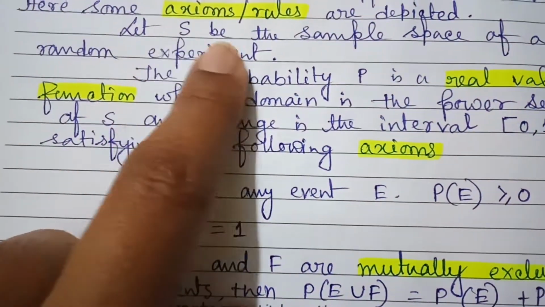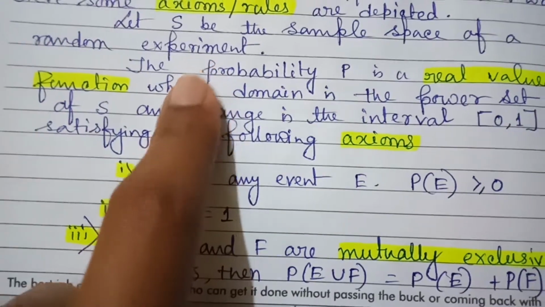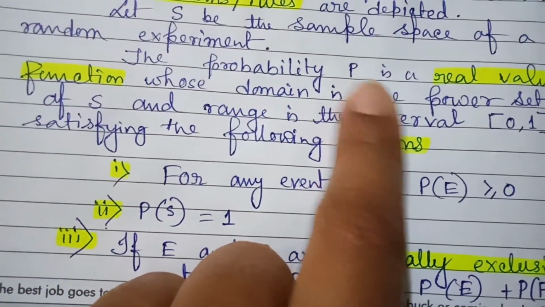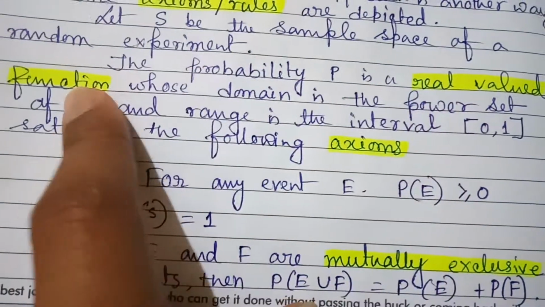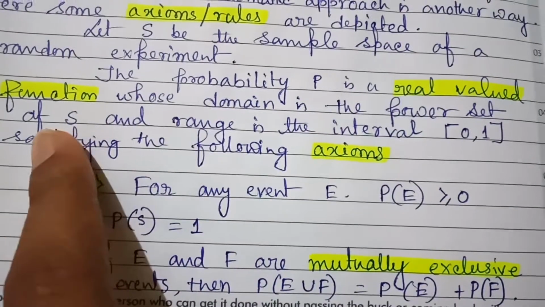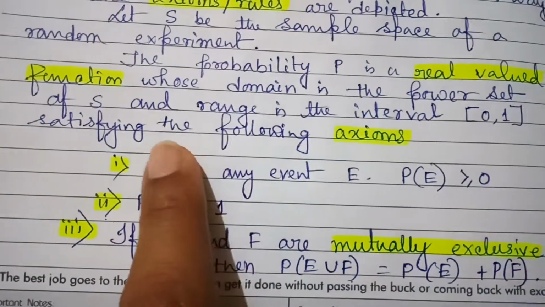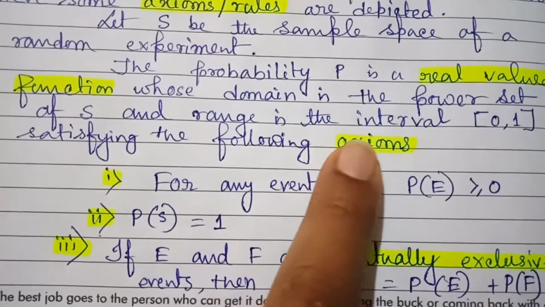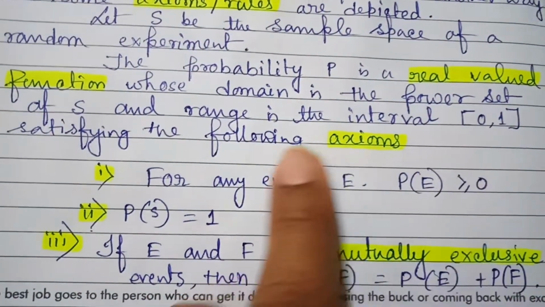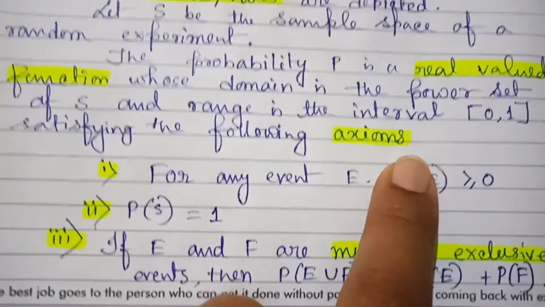Now let S be the sample space of a random experiment. We are taking P as a real valued function whose domain is the power set of S, the sample space, and whose range is the closed interval [0, 1], satisfying the following axioms or rules.